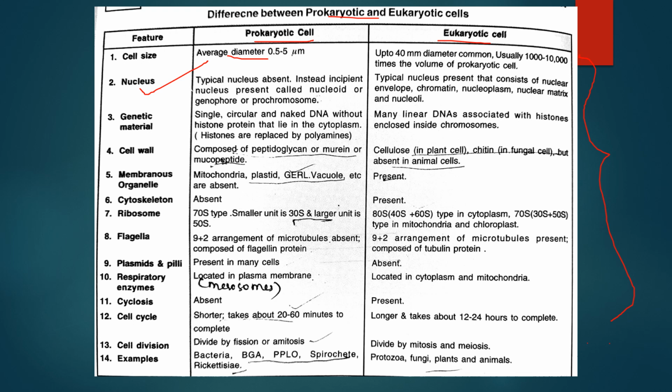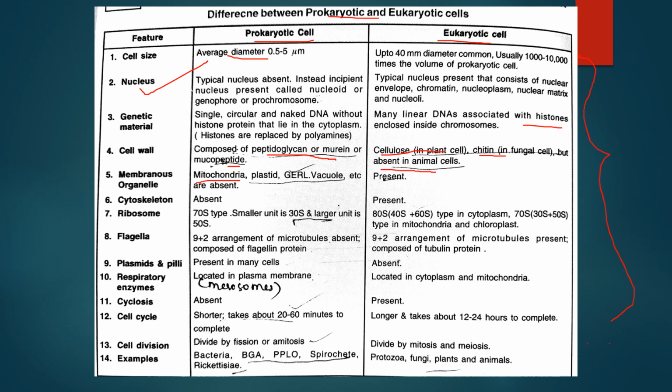A single circular naked DNA is present in prokaryotic cell, but in case of eukaryotic cell, they have histone protein. The cell wall is composed of peptidoglycan, murein or mucopeptide in prokaryotic cell, but in case of eukaryotic cell, plant cells have cellulose, fungal cells have chitin, and cell wall is totally absent in animal cell.